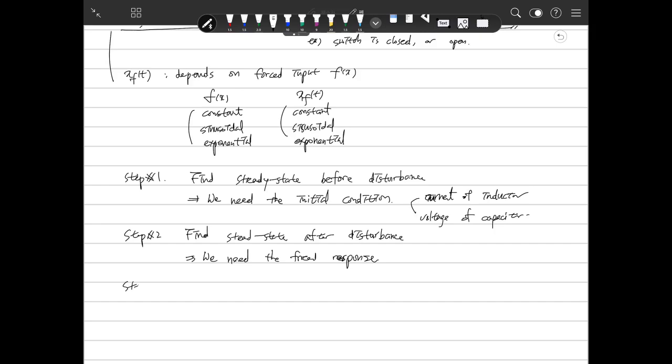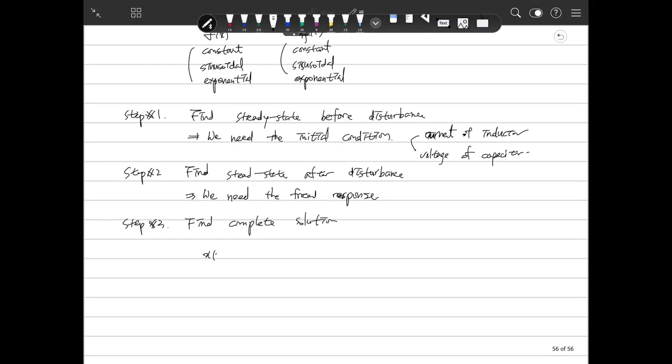Then step 3 is to find the complete solution. x(t) is x_n(t) plus x_f(t). Based on step 2, we get x_f(t).